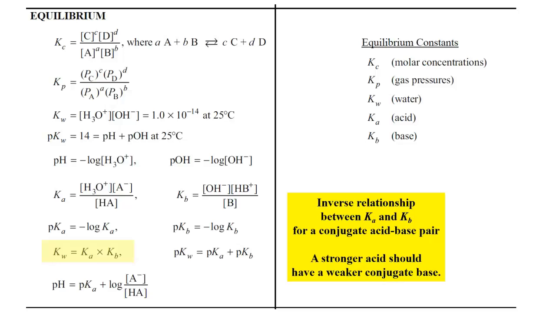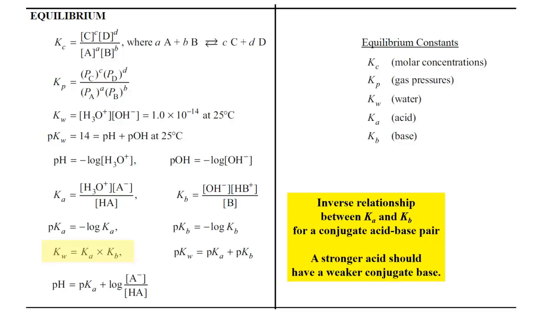So there's an inverse relationship between the values of Ka and Kb for a conjugate acid-base pair. The larger the value of Ka, the smaller the value of Kb. So if one substance is a stronger acid that has a larger value of Ka, then its conjugate base will actually be weaker because of that inverse relationship between Ka and Kb.